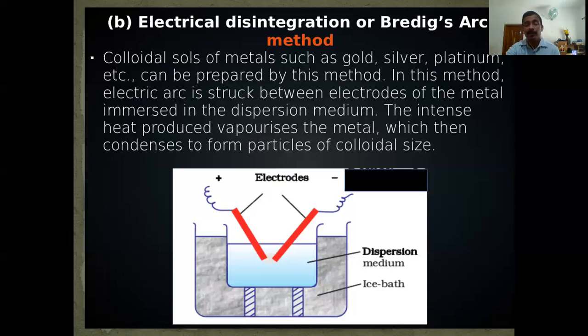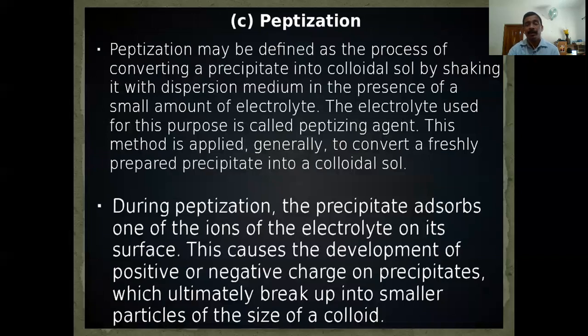Another one is peptization. Peptization is a simple process. Peptization can be defined as the conversion of a precipitate into a colloidal solution. How is it possible? By shaking it with small quantities of electrolytes.